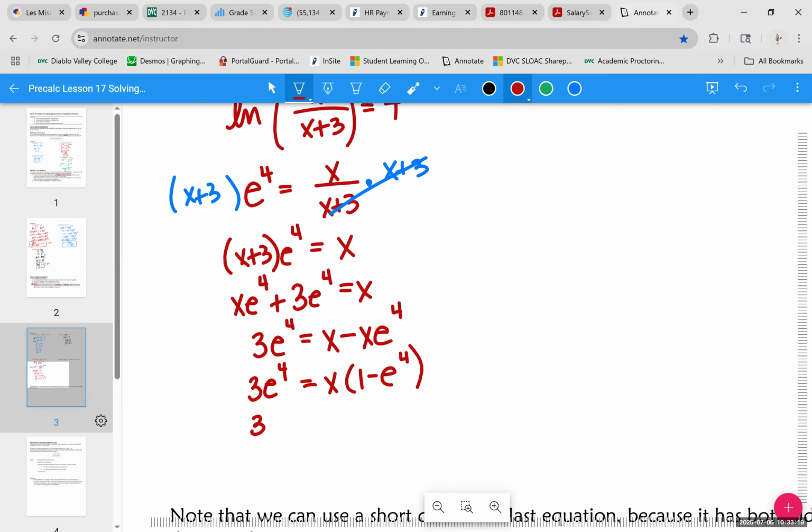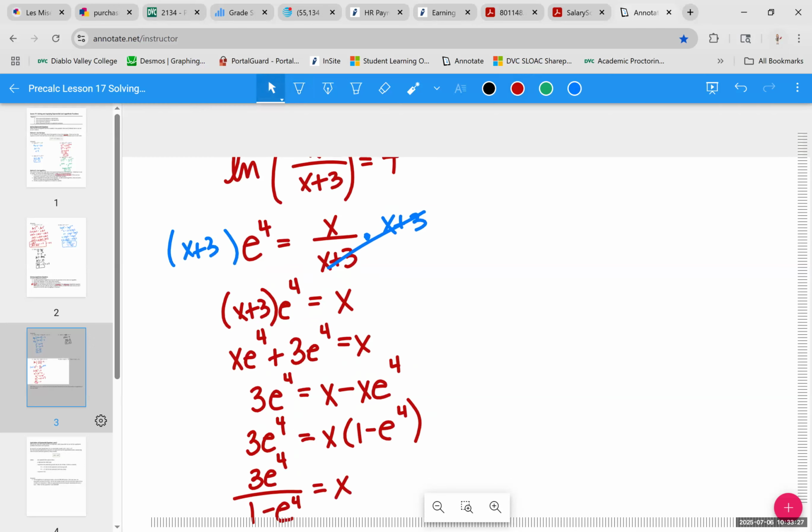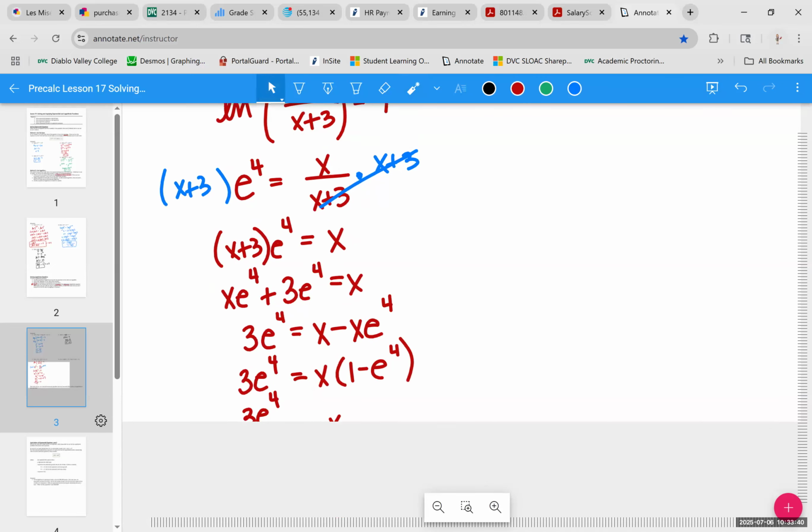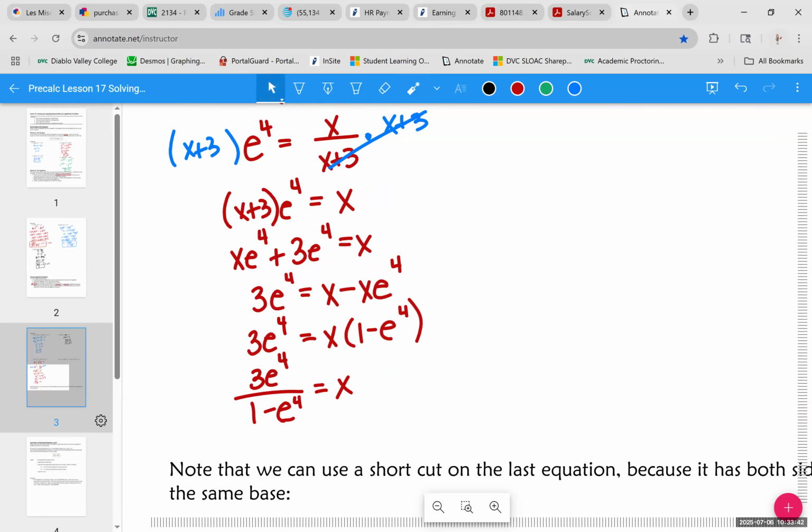So I have 3e to the 4th over 1 minus e to the 4th as my x. Now, in order to make sure, I have an ln of x and an ln of x plus 3. So as long as this answer is a positive number, then it plus 3 will also be positive. Do you know what this is exactly equal to?